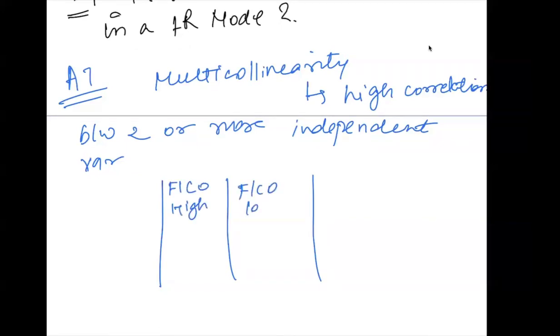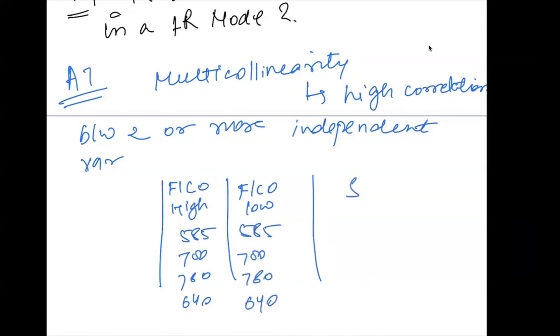FICO is nothing but your credit score. And the values were exactly the same, 585, 700, 780, 640. So in this case, your correlation will be 1 because it's exactly the same, right? So you need to drop one variable.